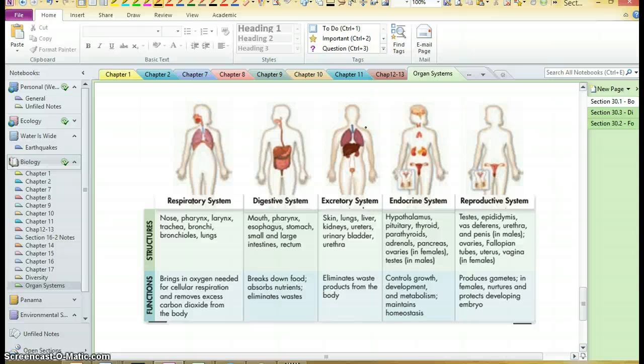So you're, in essence, excreting that from your body. Endocrine system, we won't talk about this too much, but that's all these glands you have in your body that secrete hormones that control various body processes. And then the reproductive systems in both males and females, of course. And so those are the different systems.